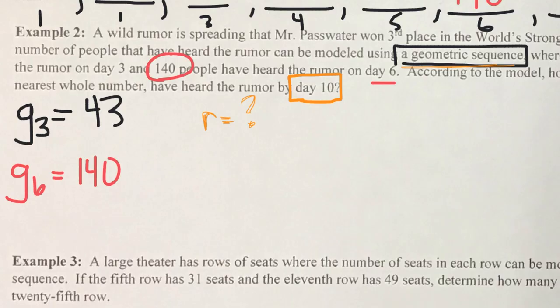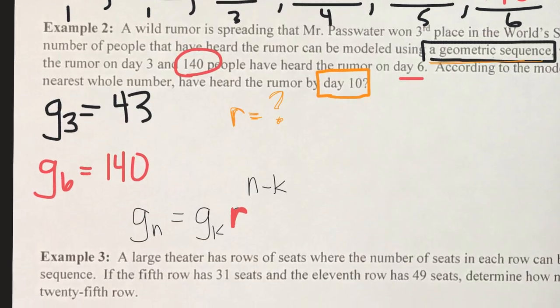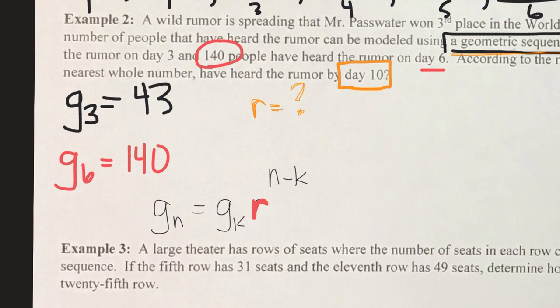Okay, so we're going to use the formula with our n's and k's. G of n equals g sub k times r to the n minus k. This is the formula that we're going to use in order to solve this equation for r. We need to know what our ratio is going to be. So let's see, where do we put our things?